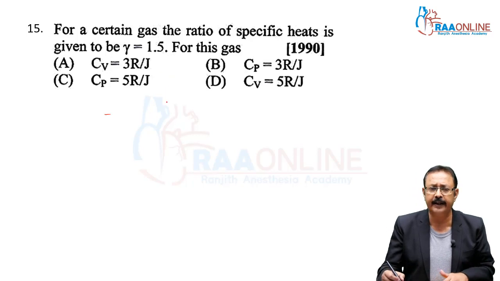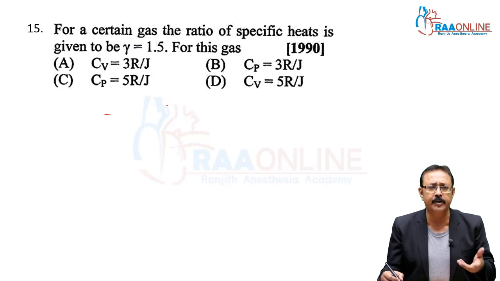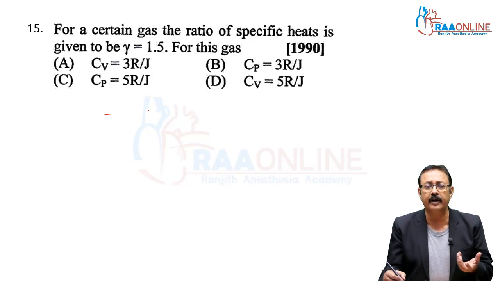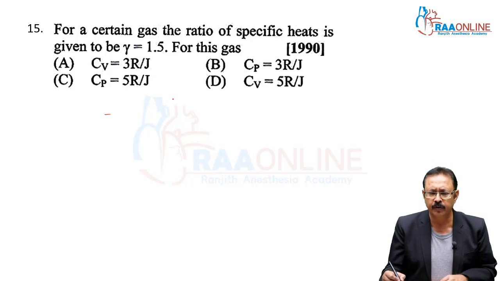If gamma is 1.5, what should be the value of Cp and Cv? We have one relation for all gases, Mayer's formula, Cp minus Cv.